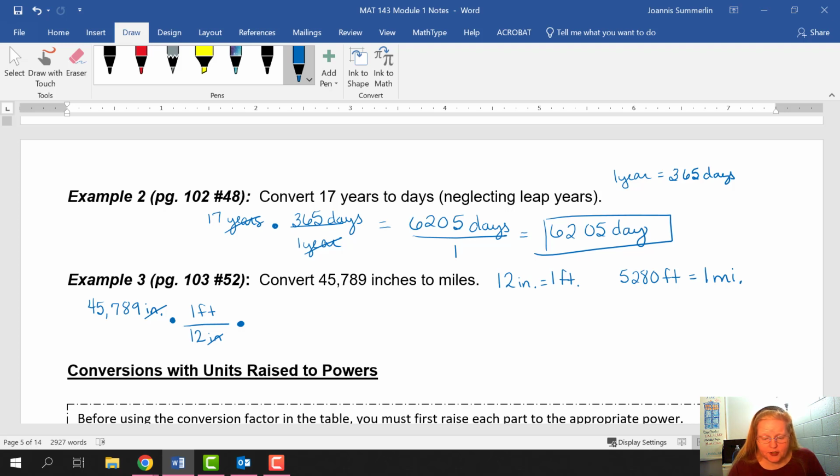For my next fraction, I need to have feet on the bottom, so it'll cancel out. So my 5,280 feet, that's going to have to go on the bottom. And my 1 mile is going to have to go on the top. So my feet can cancel out.